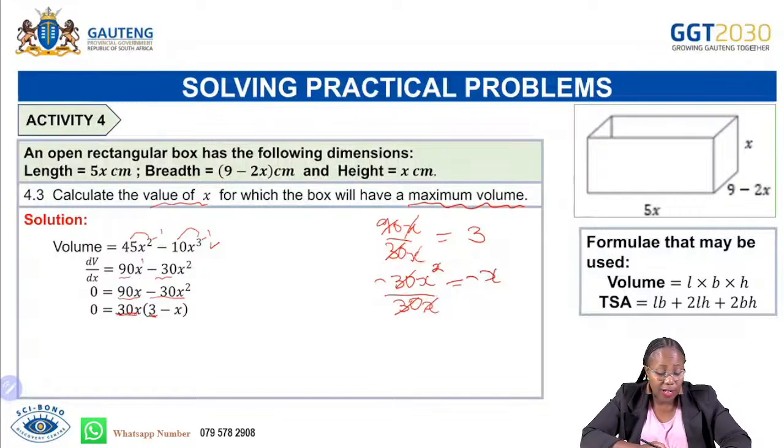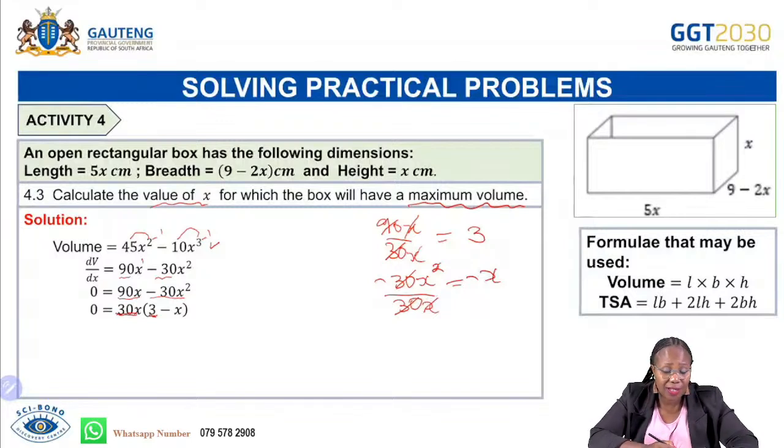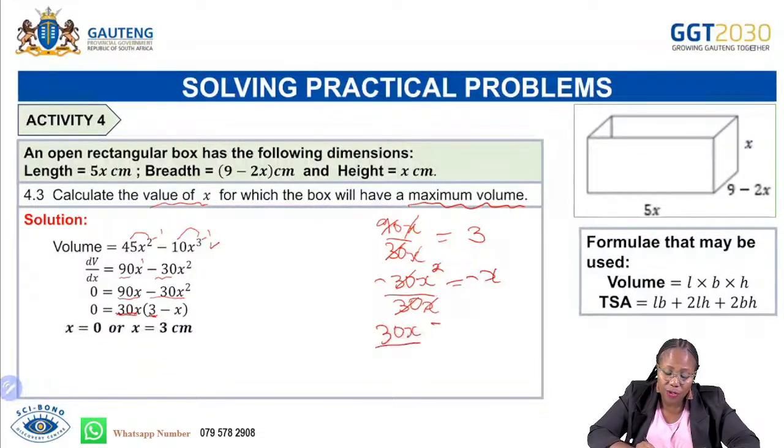And then from here now, we are solving as though we are solving our equations as we did on question 1. So it will be 30x equal to 0, which is the same as x equal to 0 there. If you take 30x equal to 0, you will be dividing by 30 on both sides. Then x will just be 0 there, okay?